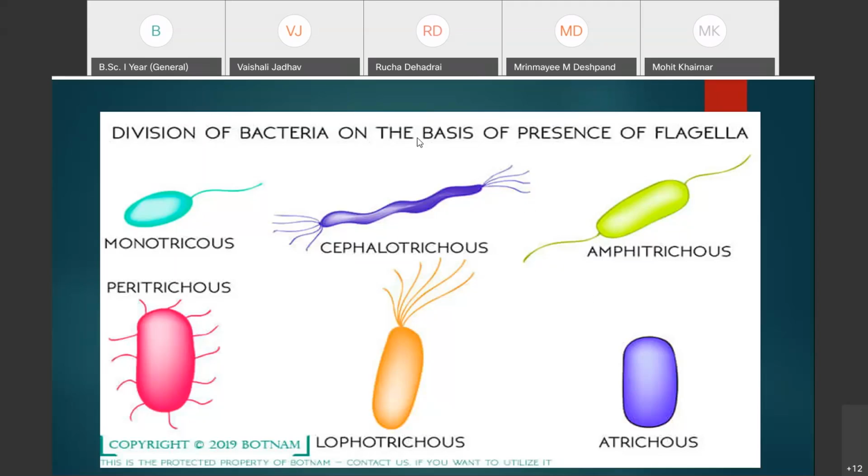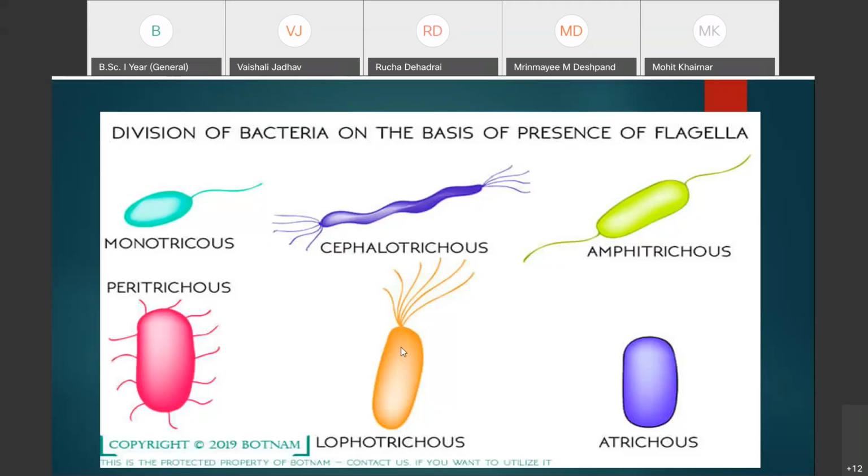Then in the middle you can see the cephalotrichous. When two or more flagella are present at one end, then it is called cephalotrichous.